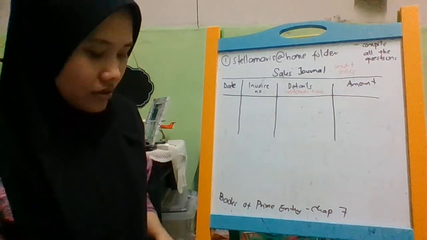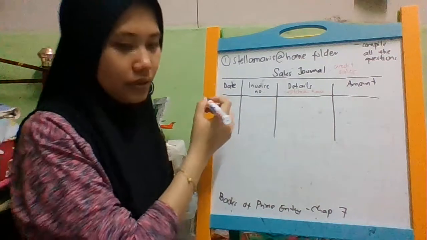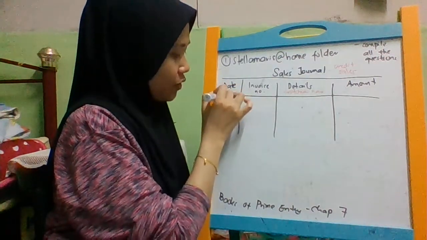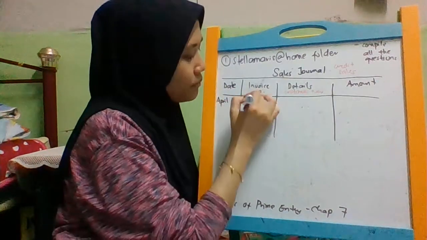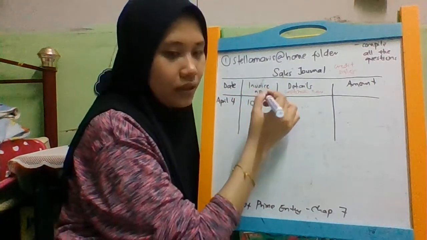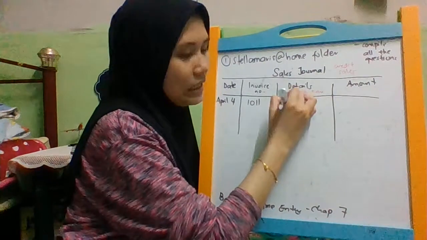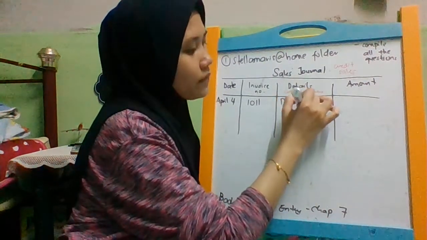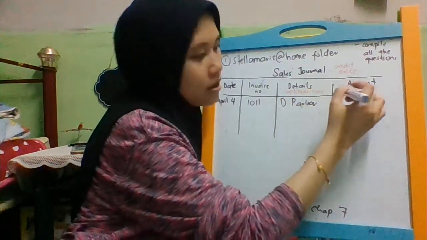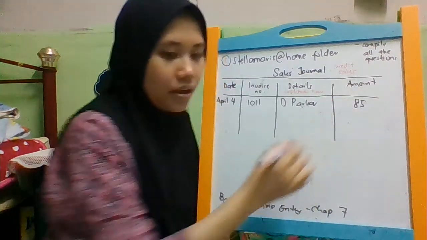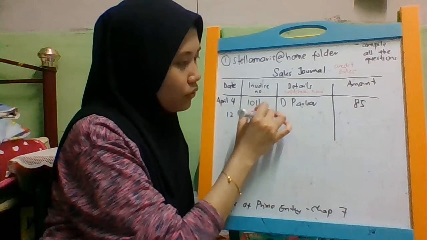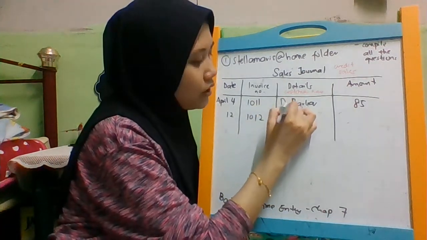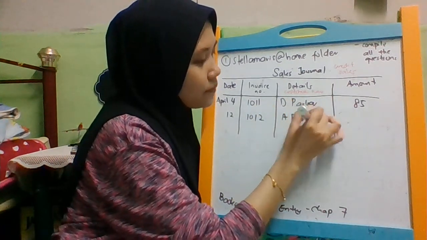Since it's on 4th April, we put the date first: April 4, invoice number 1011. We are selling to D Parker, amount 85.